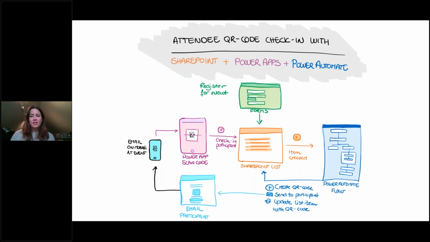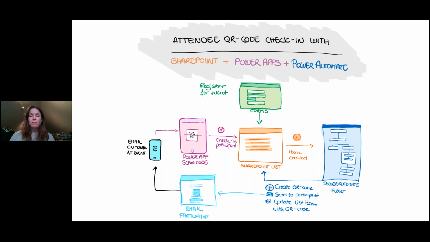So this is the sketch that I created just to show what I wanted to create. The green part at the start is the register for event. It's a Microsoft form, which is a free license for everyone with an Office 365 E1, E3, or E5 license. So it's free for almost anyone to use.